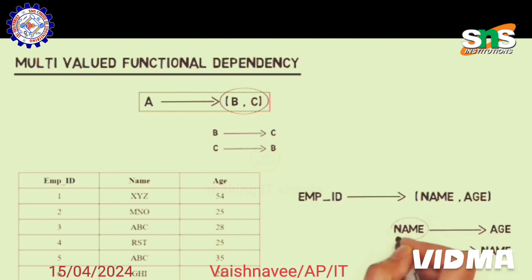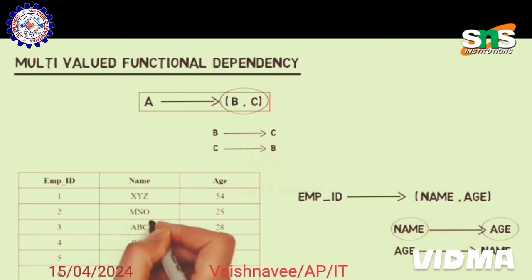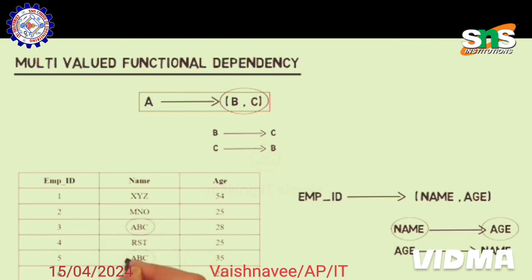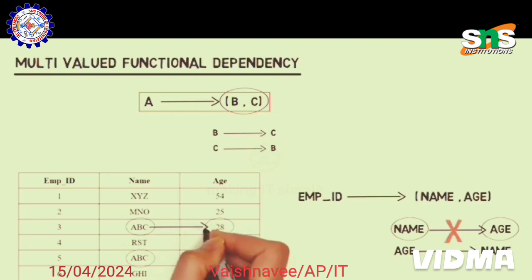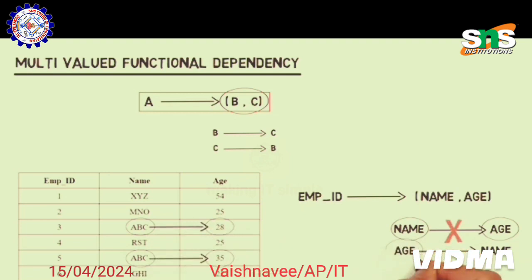In our case, between name and age, let us check. By using name, can we determine the age uniquely? There are two records of the same name, but we have different ages. For example, ABC 28 and ABC 25. So it is an invalid functional dependency, as one determinant attribute value has two separate dependent attribute values.